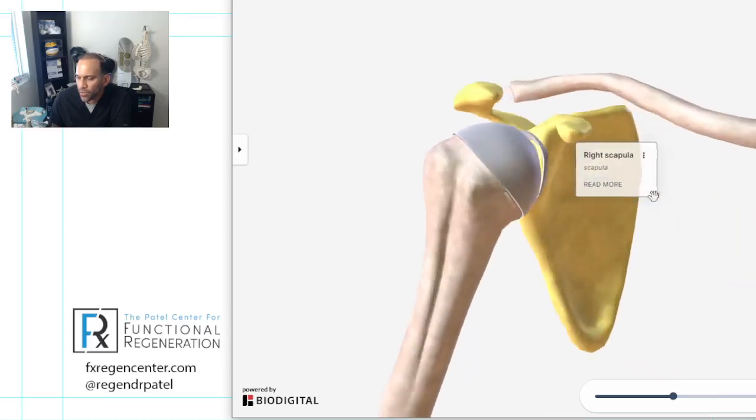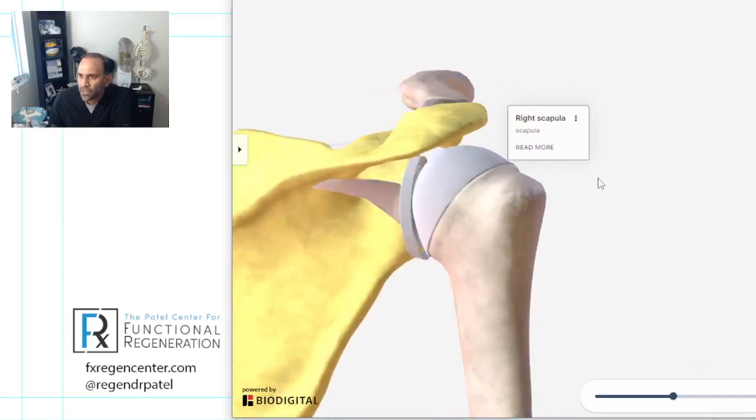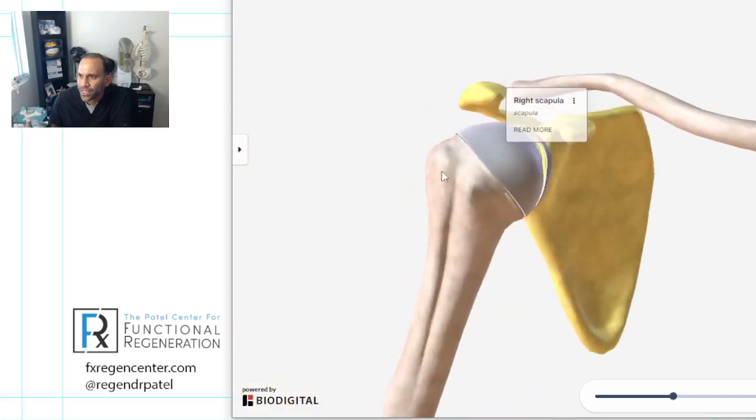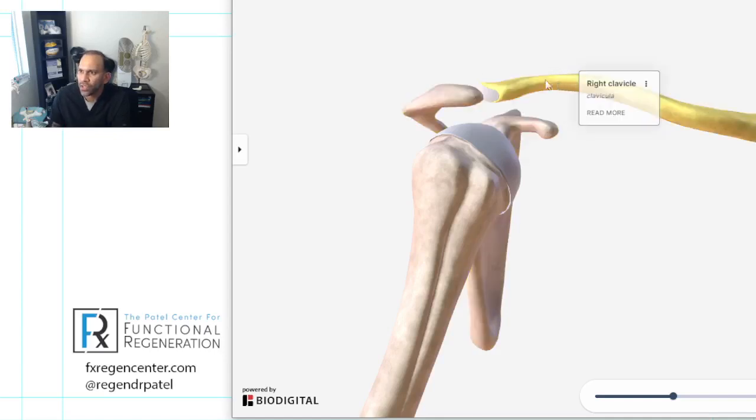But we're also talking about this joint up here between the collarbone and the tip of the shoulder blade. You see the shoulder blade actually comes to this tip right here, and that interfaces with the collarbone at what's called the AC joint, or acromioclavicular joint. The acromion is this tip of the shoulder.